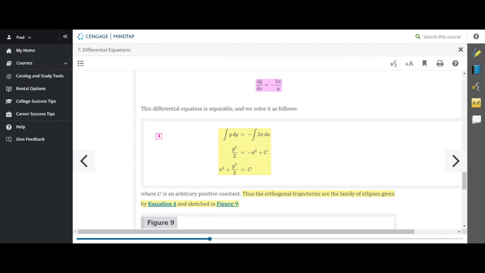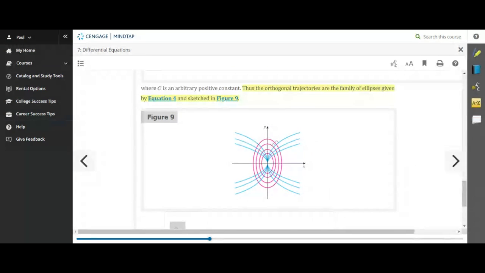That's just in the form of an equation of an ellipse. Under the x squared you have a 1, under the y squared you have a 2. Since the 2 under the y squared is greater than the 1 under the x squared, the ellipses have to be longer in the y direction, if you remember ellipses. And so here you go.